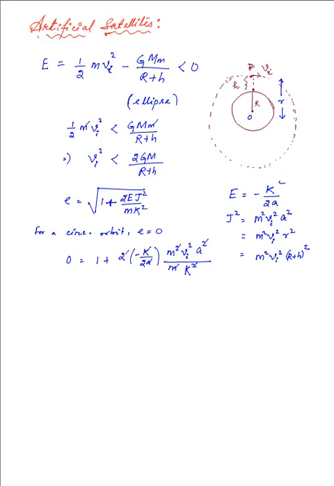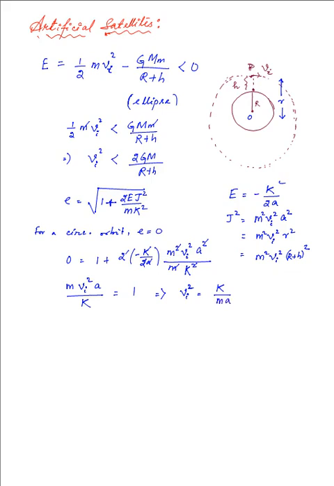The 2's get cancelled over here, so we take that to the other side, and we have a positive value, that is m stays, v_i² also remains, and a divided by k, that is all we have, and over to the right-hand side we have the value 1. So now we have v_i², the insertion velocity, the insertion speed, equal to k divided by ma.